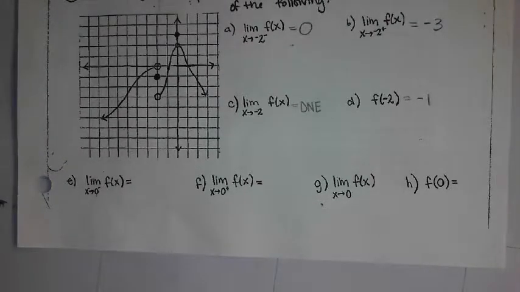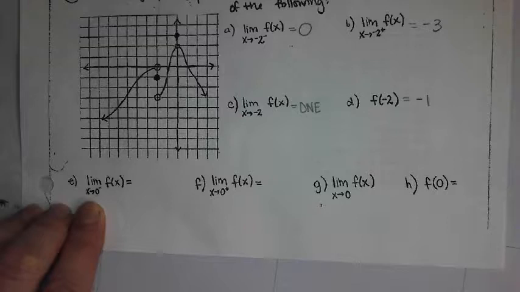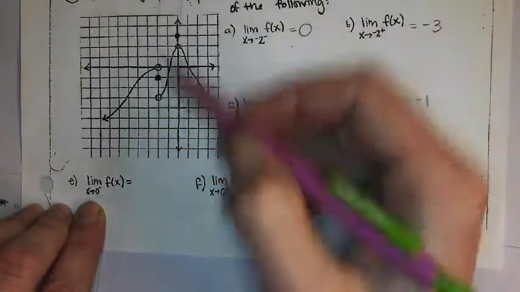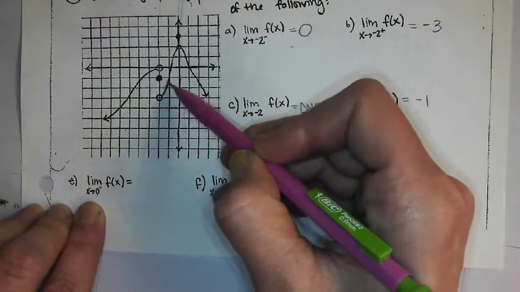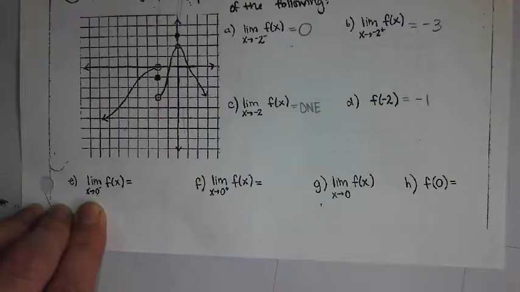Limit of the function as we approach 0 from the left. Take a minute to think about what you want to write down for that. What's its intention as it's approaching 0 from the left? What is the y value getting infinitely closer to, even though it doesn't touch it? 2.